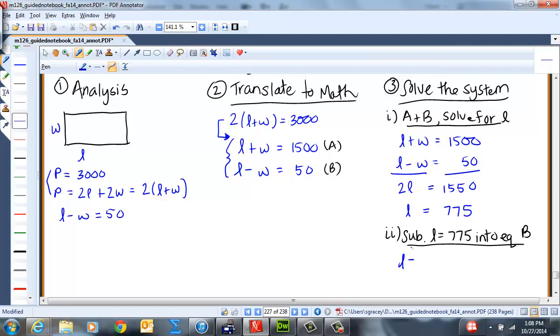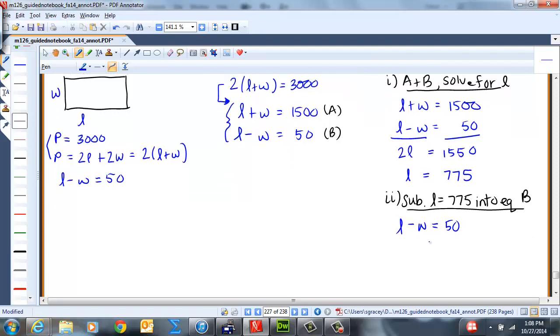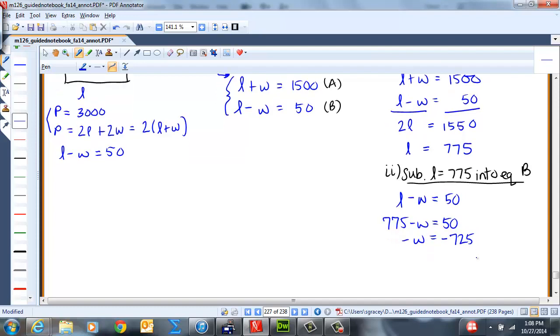L minus W is 50. We found out that L was 775. And so negative W is negative 725, and W is 725.